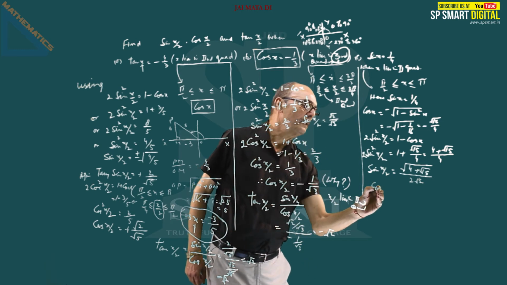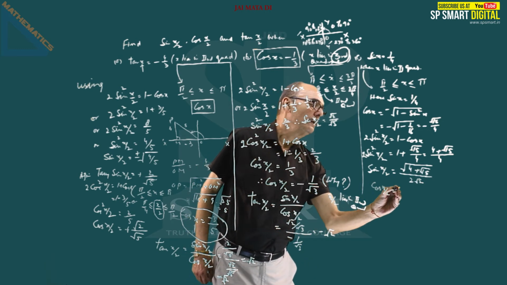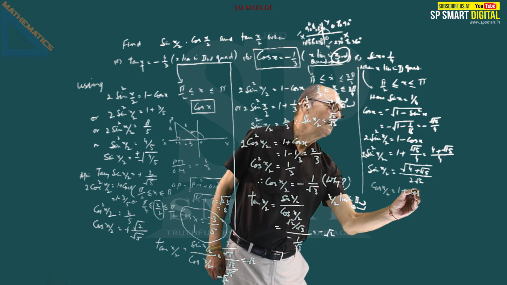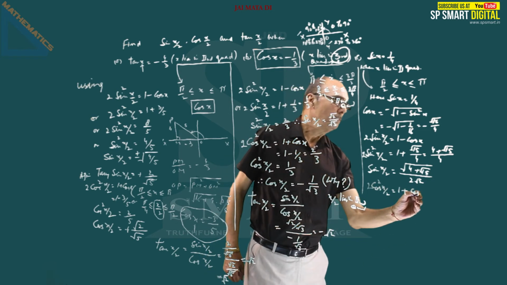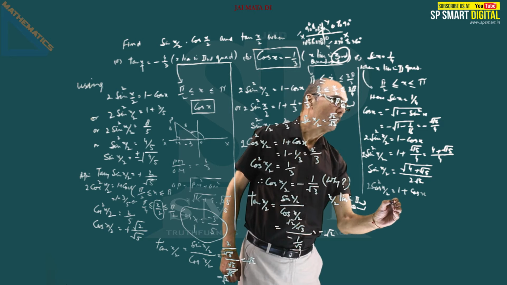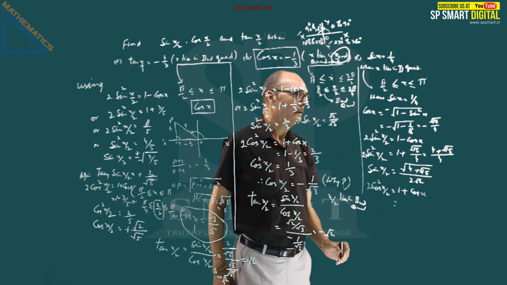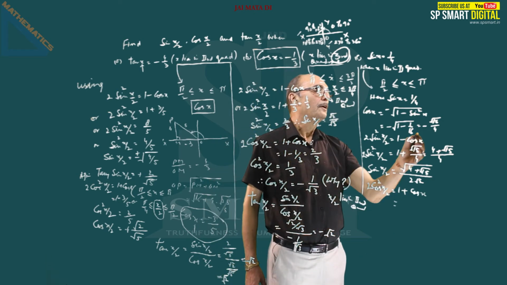Next, cos of x by 2: 2 cos square x by 2 is 1 plus cos x, or this is, cos x is minus this.